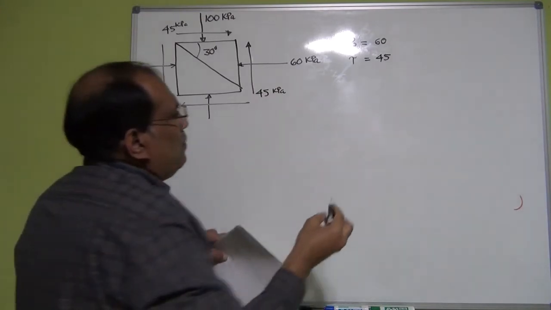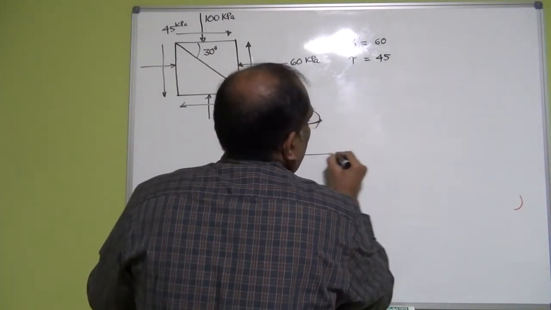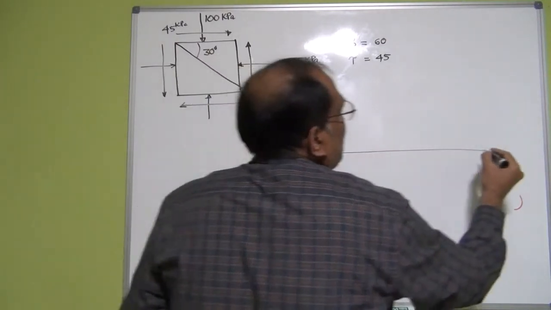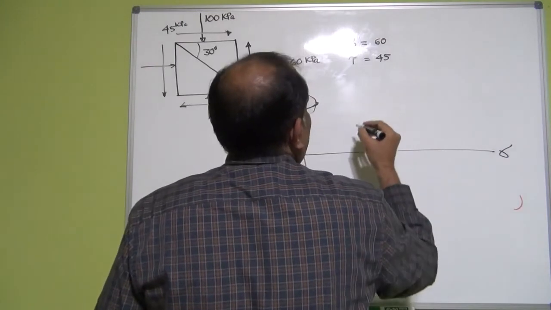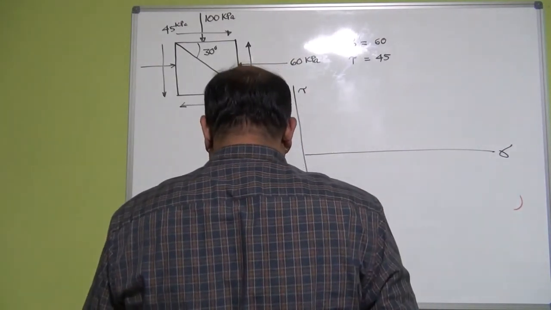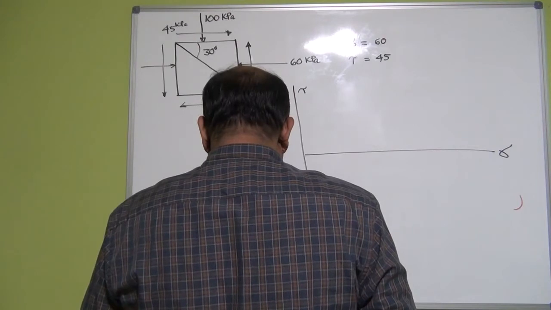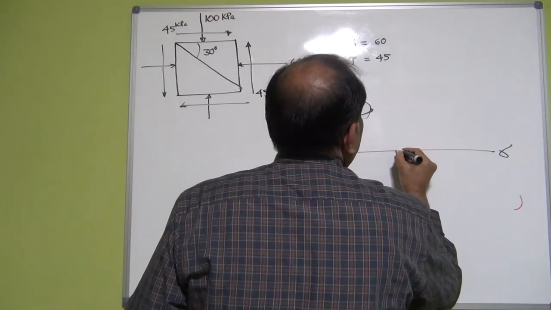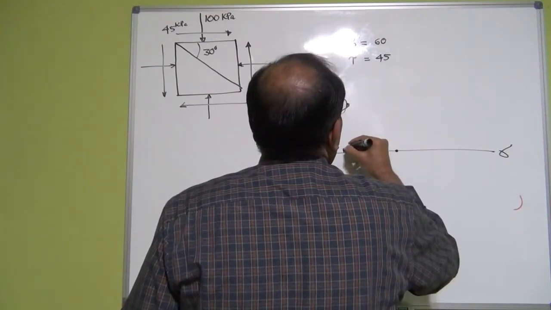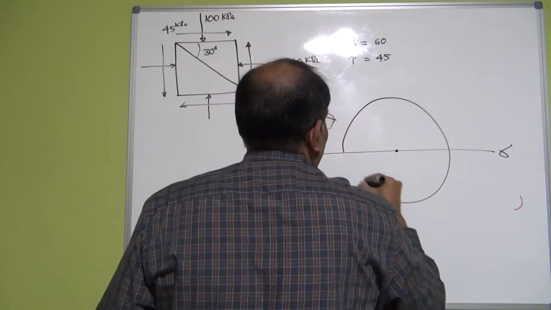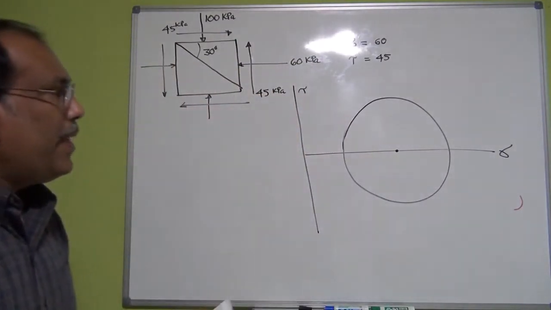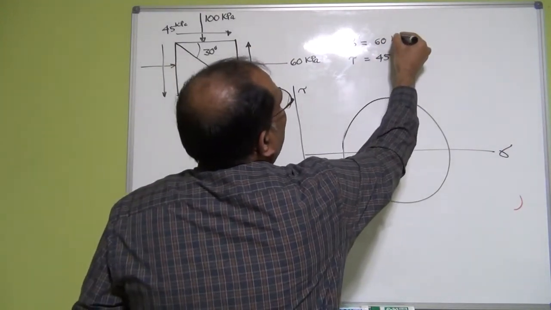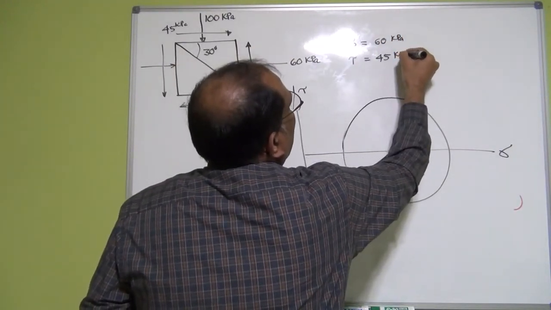Okay? So if I show that here, this is your tau and this is your sigma. You can see here that your center is here. So you have to find the location of this point, which is 60 kPa and 45 kPa.